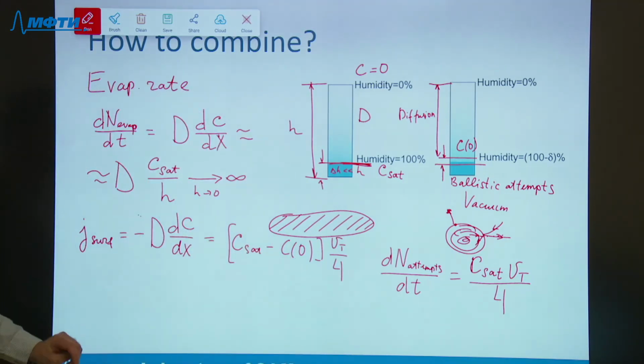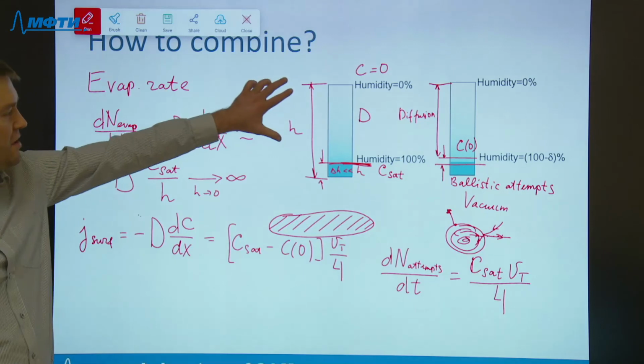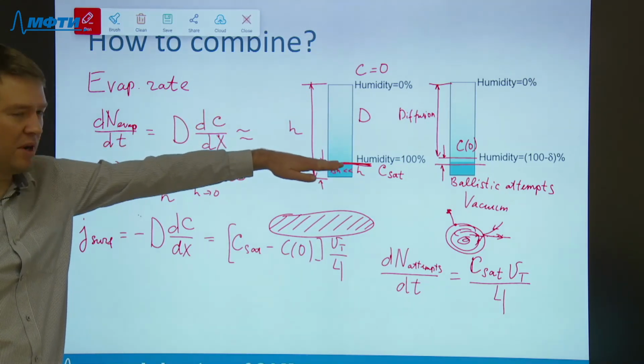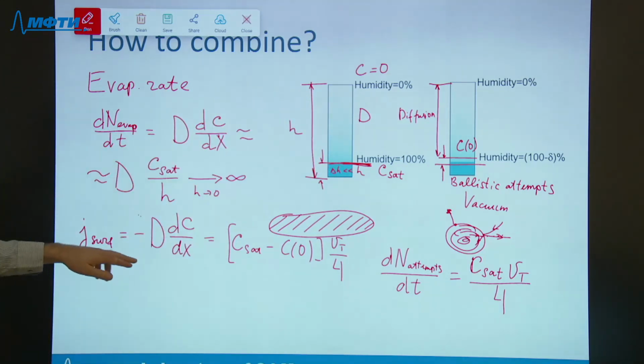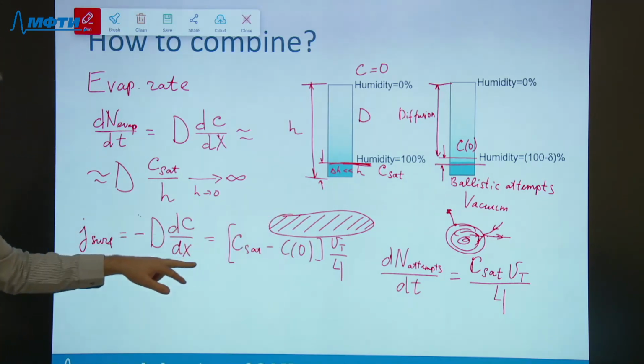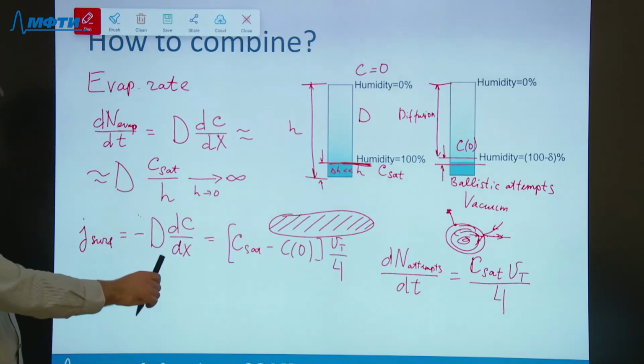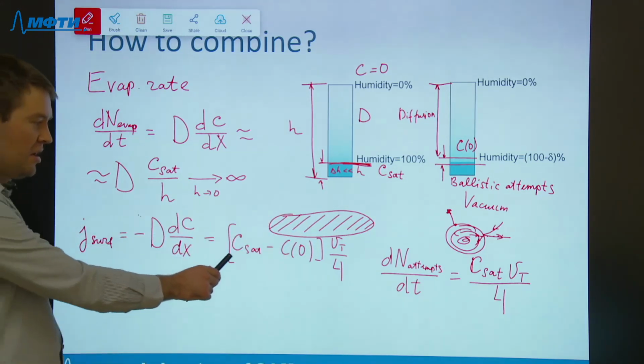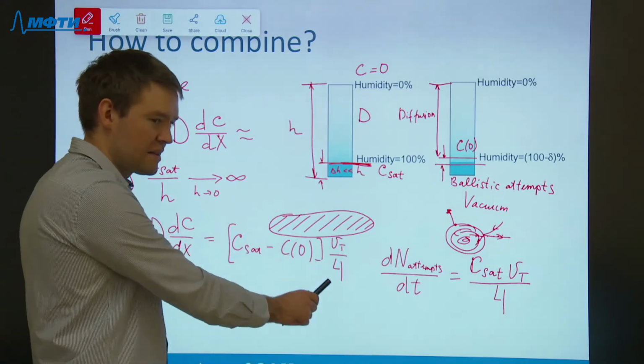So instead of solving the diffusion equation with a constant boundary condition, I solve it with the mixed boundary condition that equates the diffusive flux to the ballistic flux.